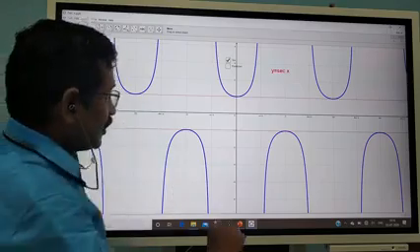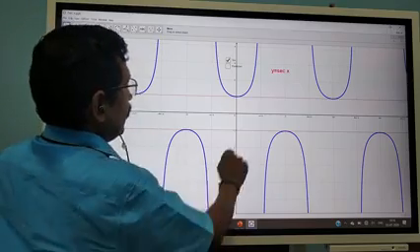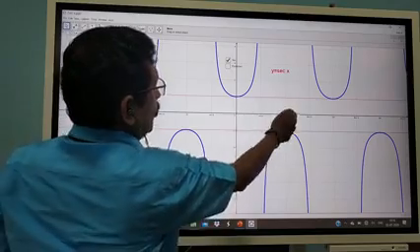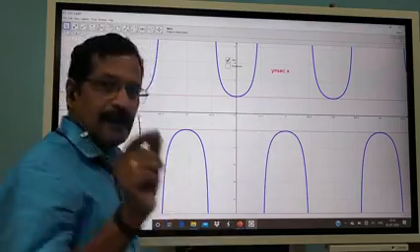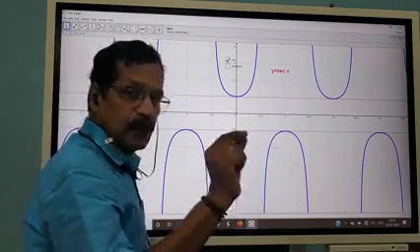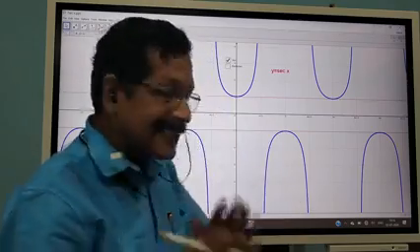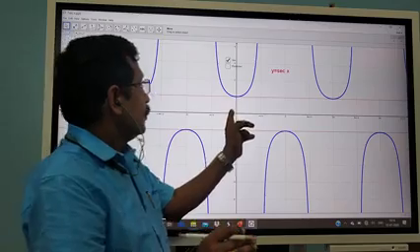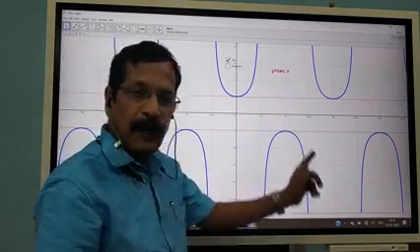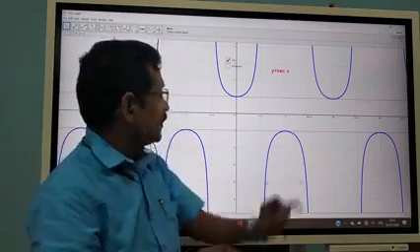We are going to restrict the domain in such a way that, from 0 to pi, the point pi by 2 is excluded. So I am restricting the domain to the closed interval 0 to pi minus the singleton set pi by 2.